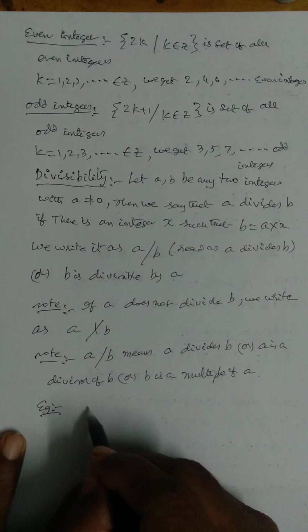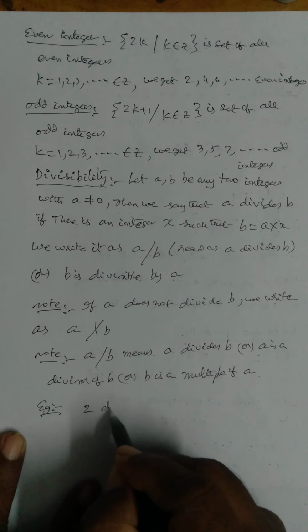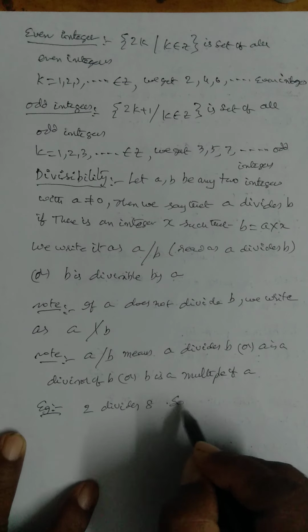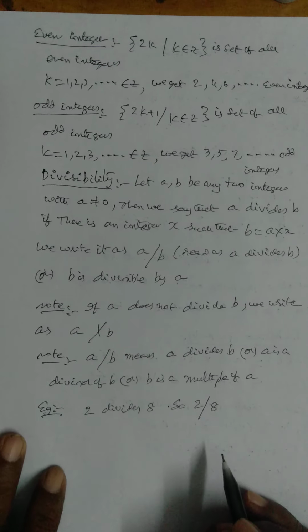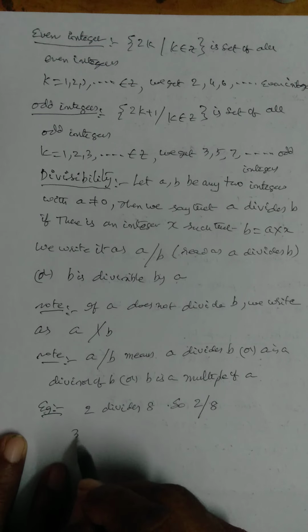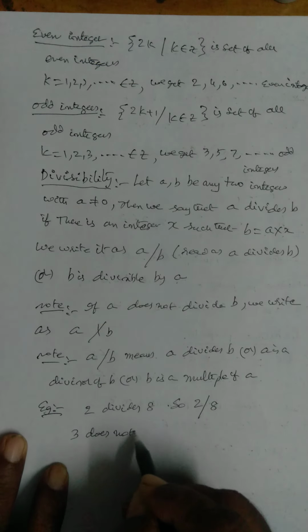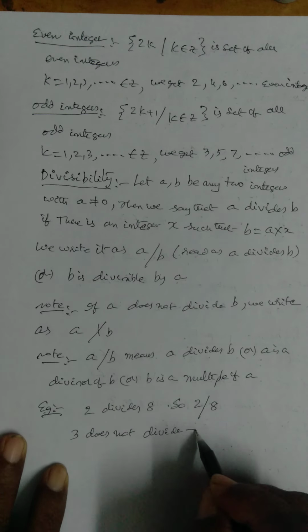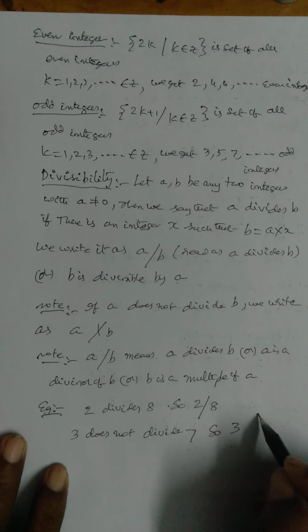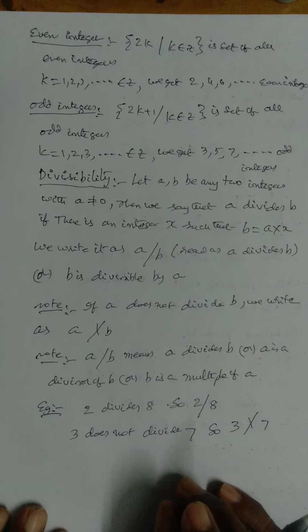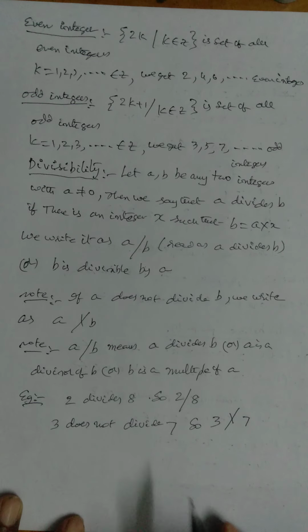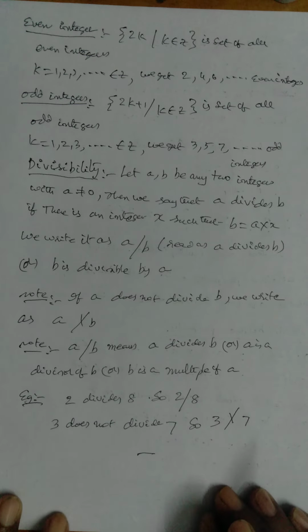Example, 2 divides 8. So write symbolically 2 divides 8. 3 does not divide 7. So you write 3 does not divide 7. Symbolically you write like this.